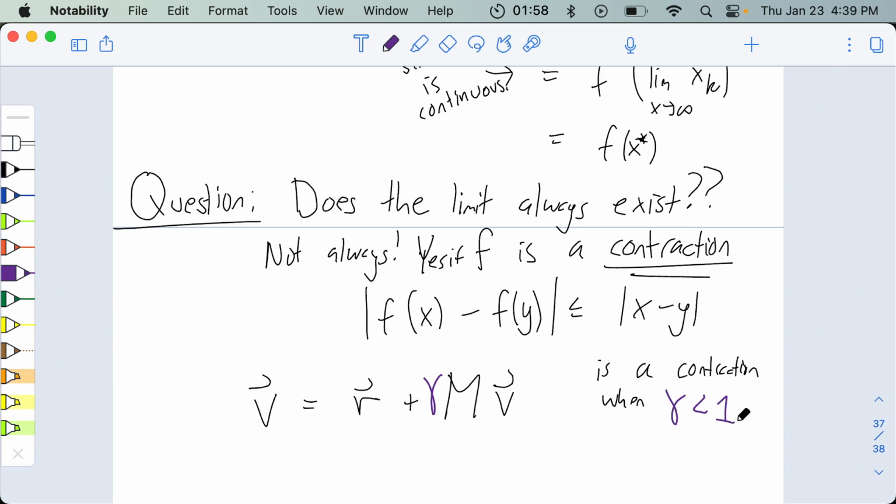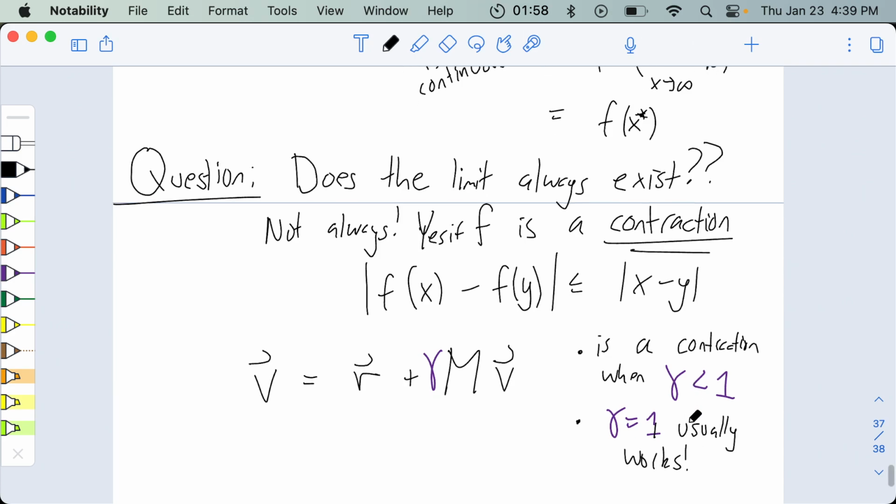So as soon as gamma is even a little bit less than 1, everything will work perfectly fine, and you'll have nice guarantees. When gamma equals 1, it usually works, and we won't worry too much. But the punchline is, if you want to solve this equation, and you have v on the left-hand side and some function of v on the right, just apply it over and over again, and we will hope that it converges. And this will work.